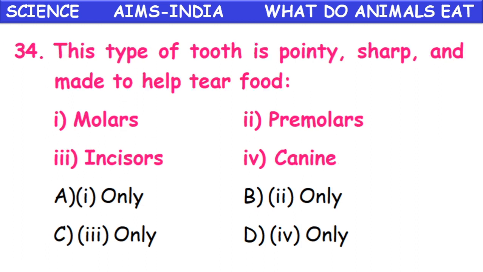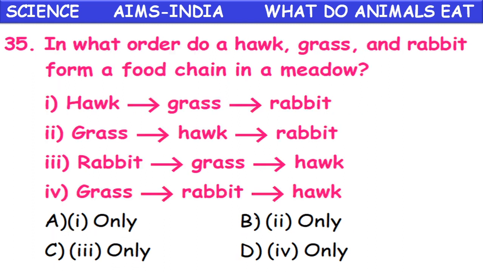Next, the type of teeth that is pointy, sharp and made to help tear food. Once again, molars, premolars, incisors, canines. In what order do a hawk, grass and rabbit form a food chain in a meadow?